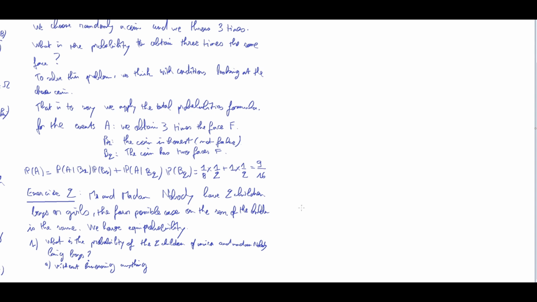Second, knowing that the elder is a boy. And third, C, knowing that one of the children at least is a boy.